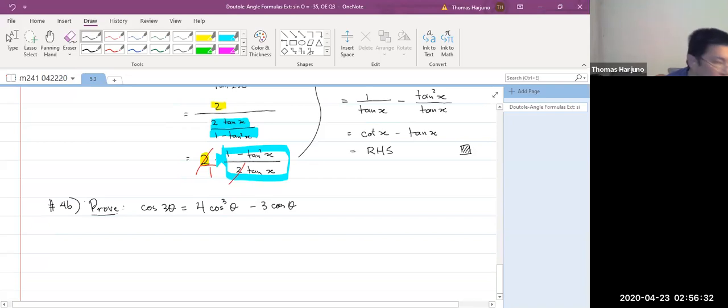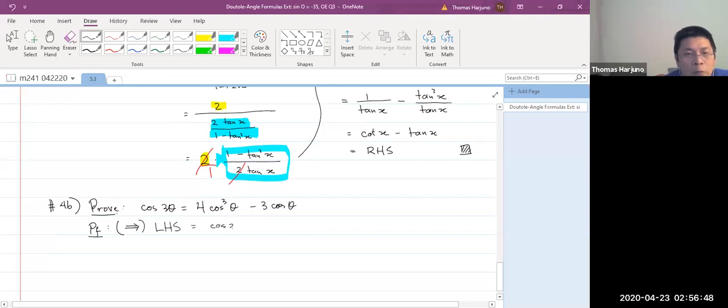So we get the double angle formula. Now this is the triple angle formula, but don't worry, you don't need to memorize this. In fact, I don't want you to memorize it. I need you to be able to prove it. Okay, now you do it together with me.